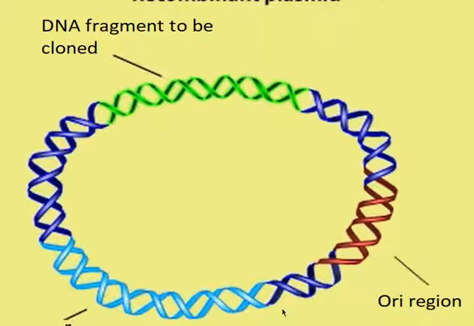So you can see this is a plasmid. Now this was the original plasmid. Now here this green colored segment is our gene of interest, which we have inserted into the plasmid. Such a plasmid we call a recombinant plasmid.